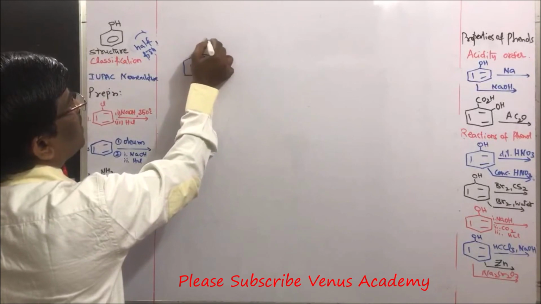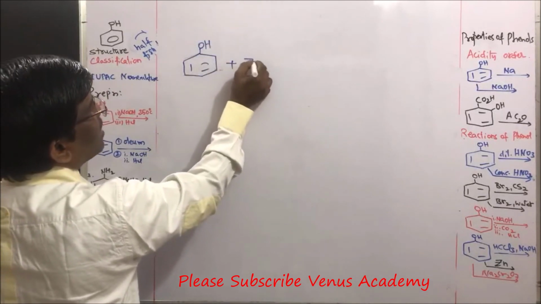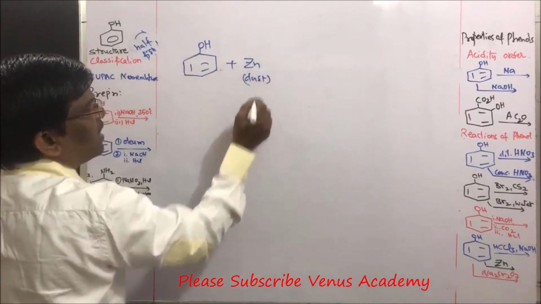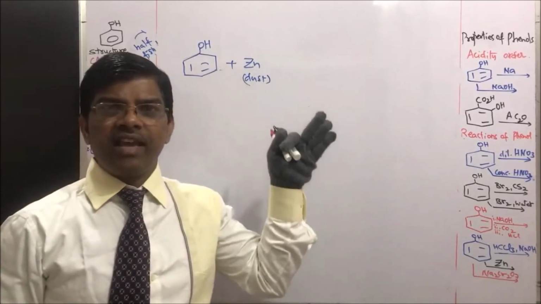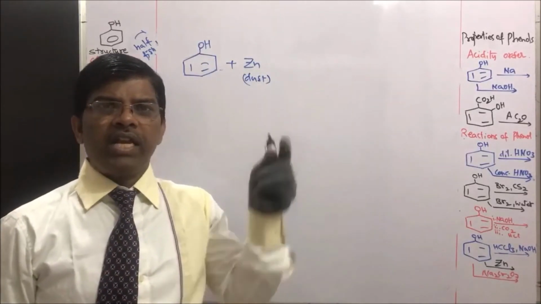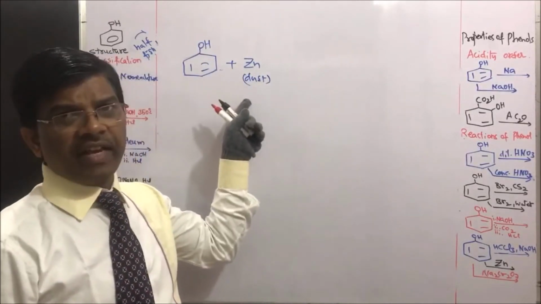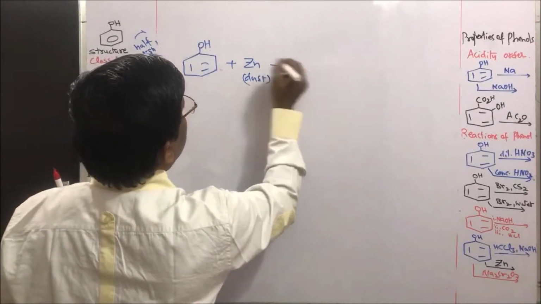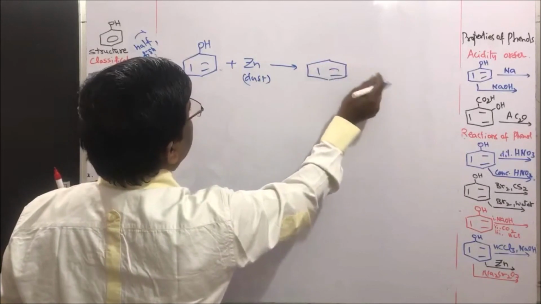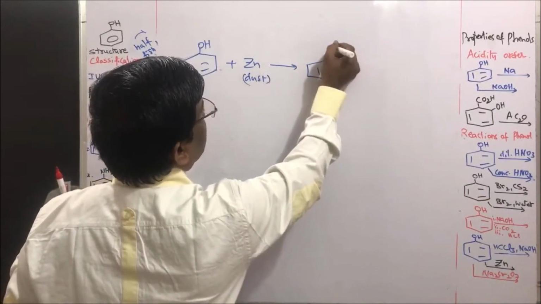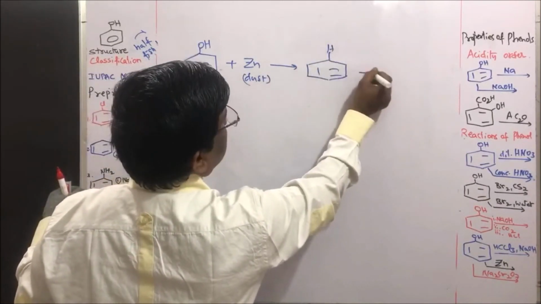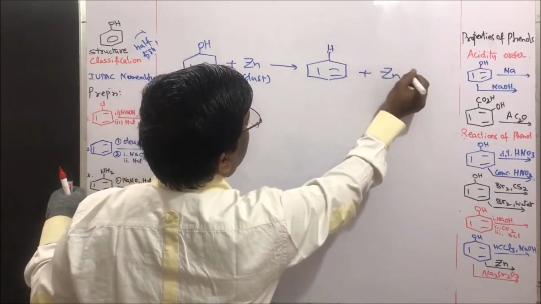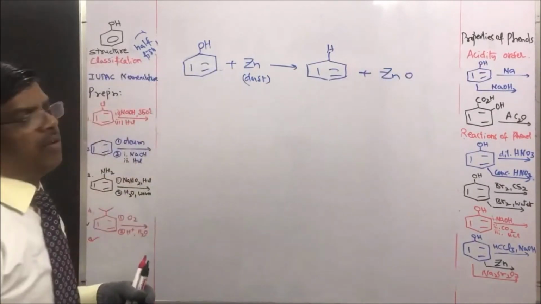Reaction of phenol with zinc. When I add zinc dust, it is a fine dust we will get, students. Zinc is like powder, like iron powder. It will be like the zinc dust we get in the laboratory. So oxygen is going to be taken up by zinc. So it is going to reduce, and zinc oxide is going to be formed.